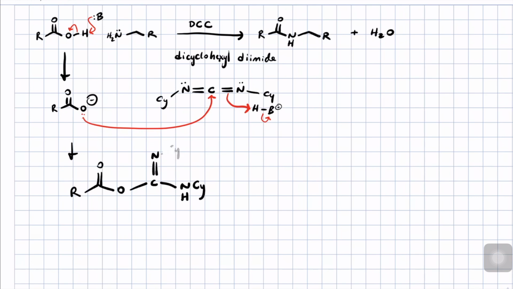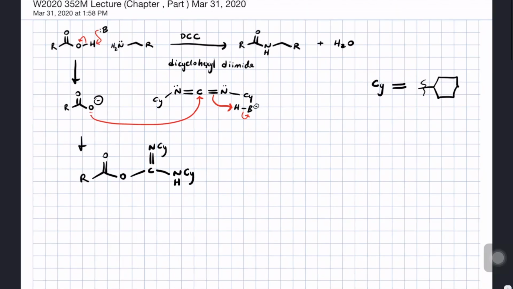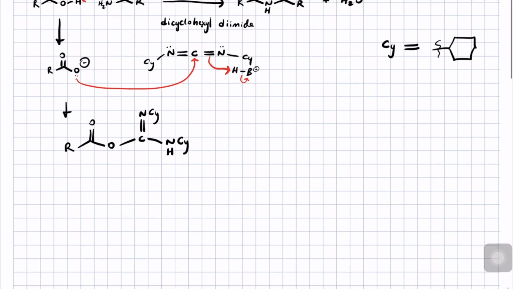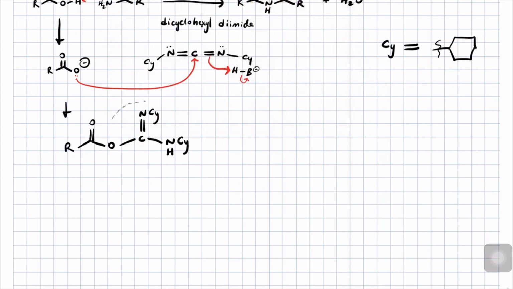And I'm going to just write the CY by the nitrogen, and you can understand that CY here equals a cyclohexane ring. Now you have converted OH into something that has no acidic proton.